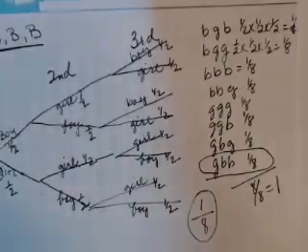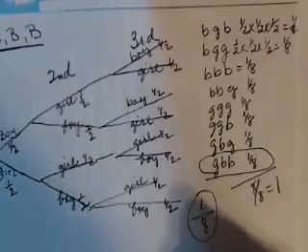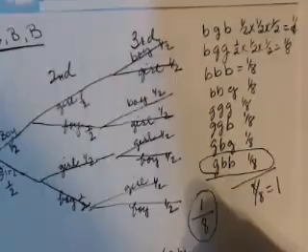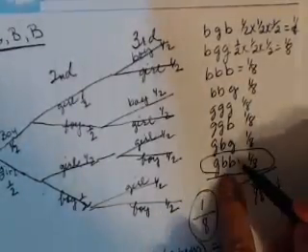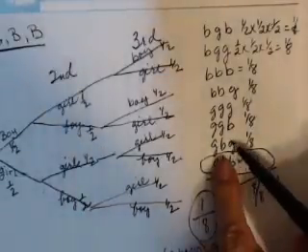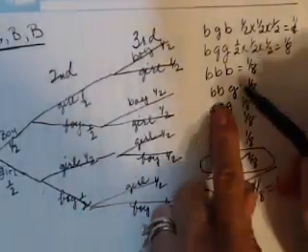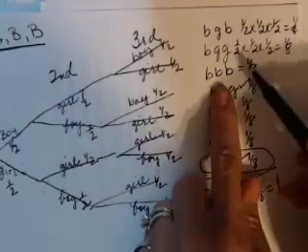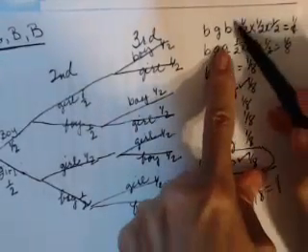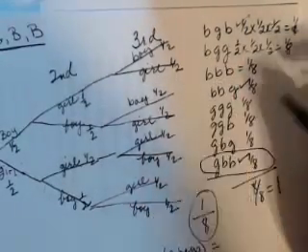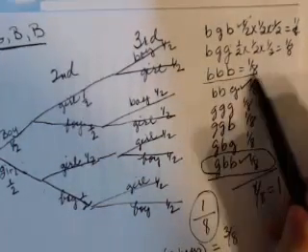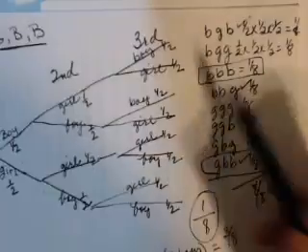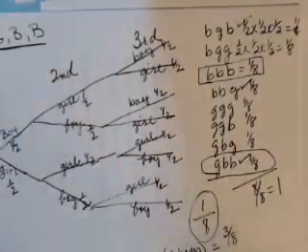Now, if you want just the probability of having 2 sons, then you would have 1, 2, 3 times out of 8 that occurred. Now, I didn't count this one because I said the probability of 2 boys.